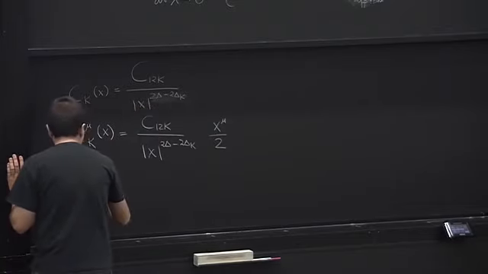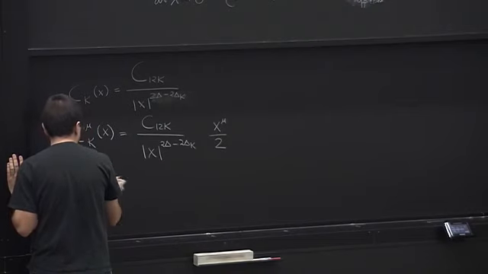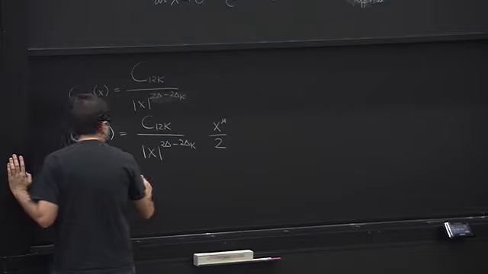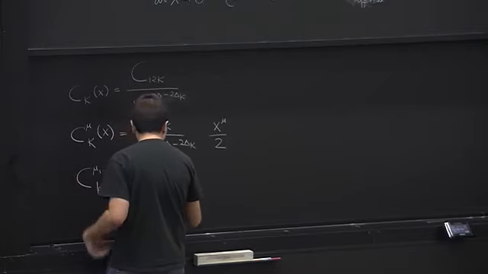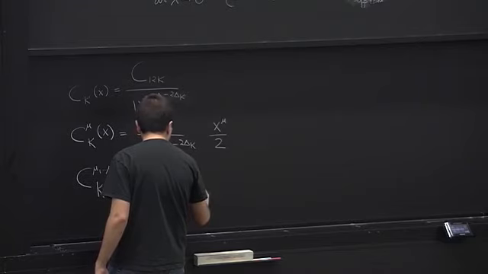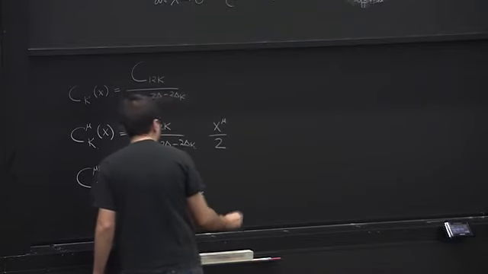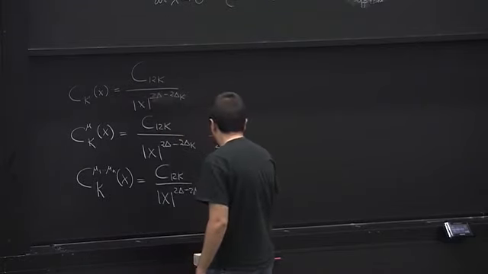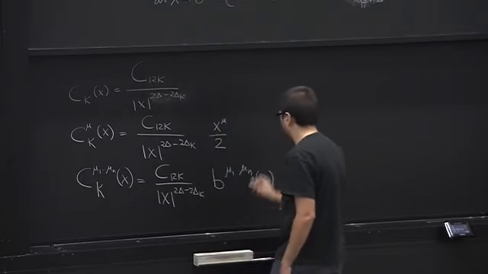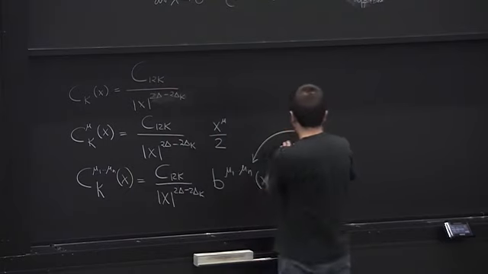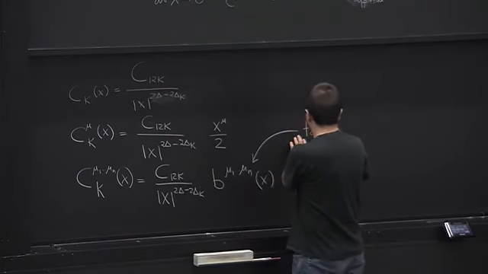And in general, what is easy to see is that if you have general c_k^{μ1...μn}(x), this will be equal to C_12k divided by absolute value of x to the power 2Δ minus Δ_k, and then some general tensor B^{μ1...μn} that is a function of x. But this tensor here is totally fixed by conformal symmetry.